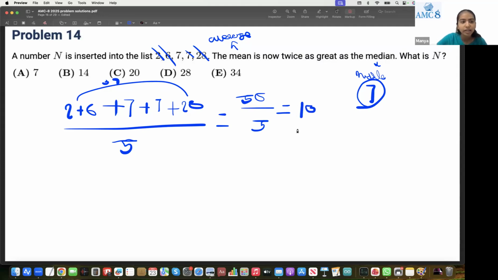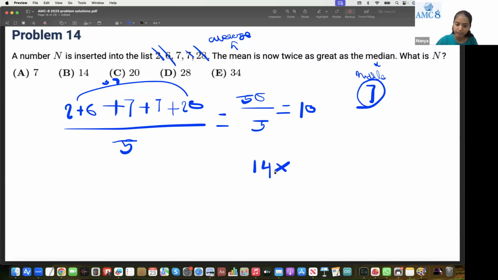But now they added a number and it's inserted into this list. And now the mean is twice as great as the median, meaning that twice the median is 14, but the mean is 10. So the mean has to be equal to 14, and now there's 6 numbers because they added a number n to this list.